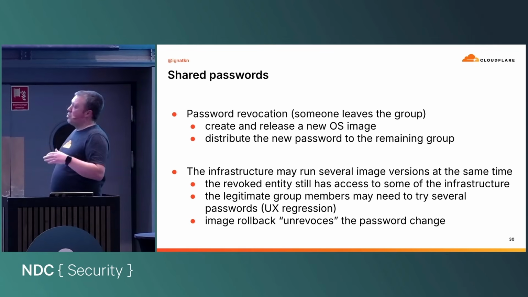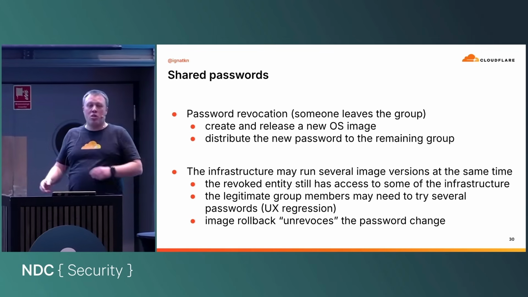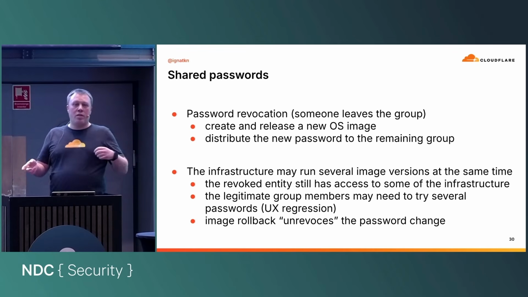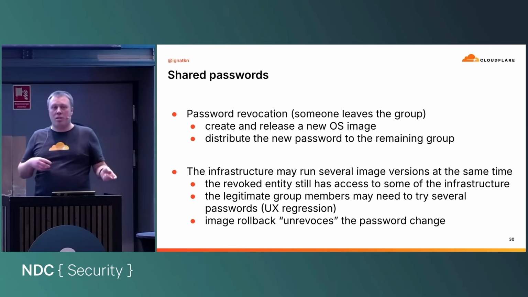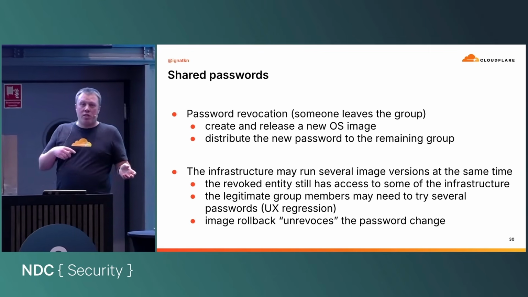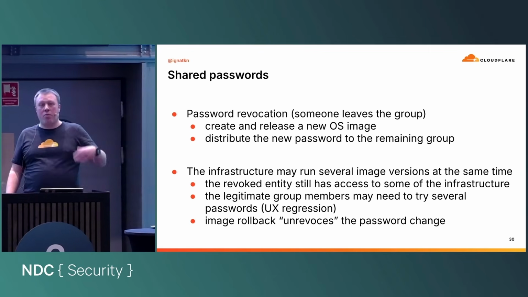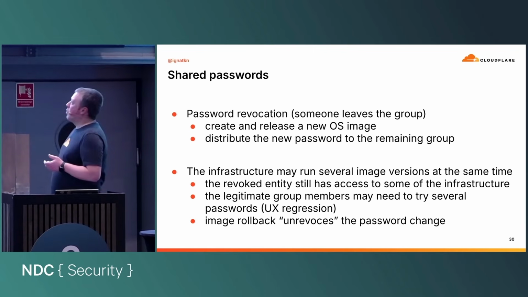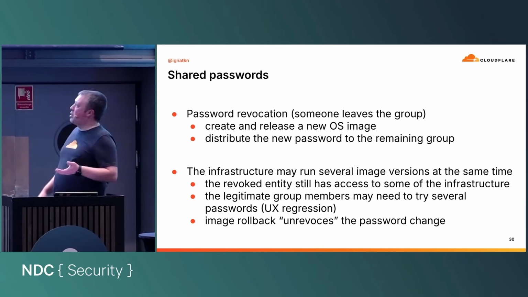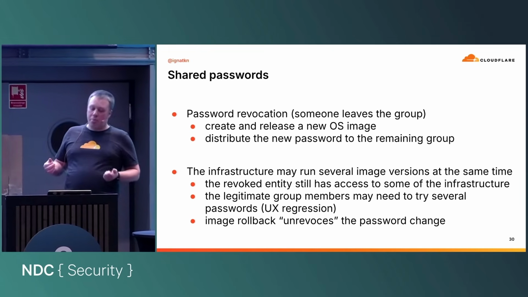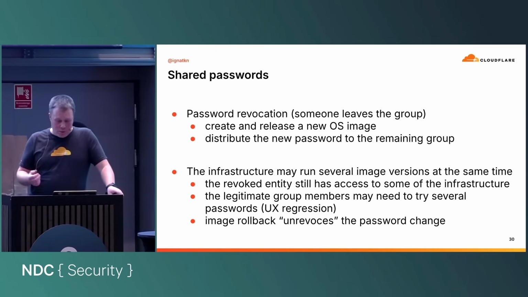And the legitimate users now have a user experience regression, because when they connect via the emergency console, they don't know whether it's a new or an old version, and which password they should try, right? Most likely, if it's emergency access, that server hasn't been online for a while because it's broken, therefore it runs an older image. So you need to do this guesswork. And if for some reason you need to do an image rollback because of another regression, you can unrevoke the password again. So not great.